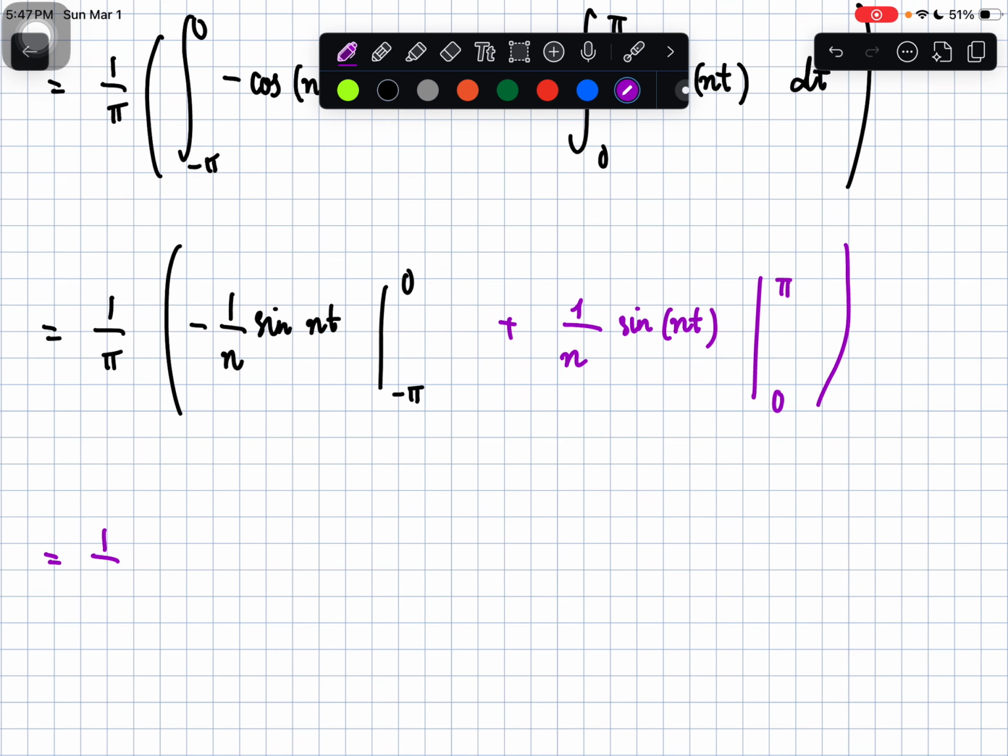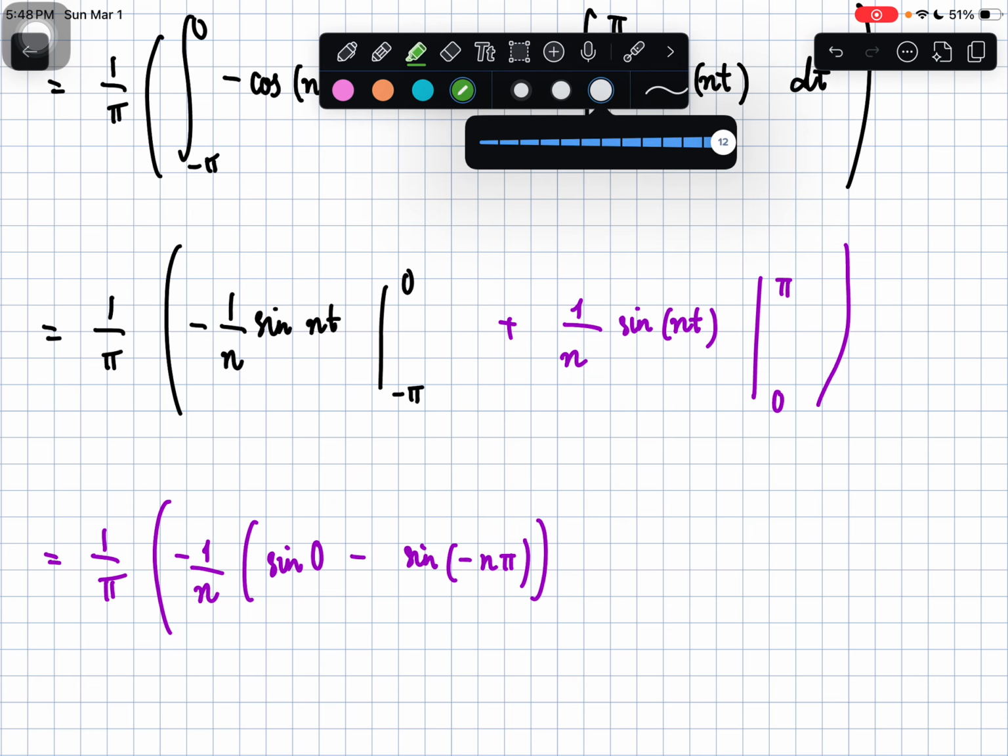So 1 over pi times minus 1 over n times sine 0 minus sine minus n pi. That is our first term here.